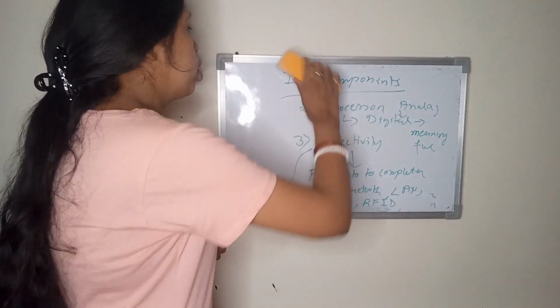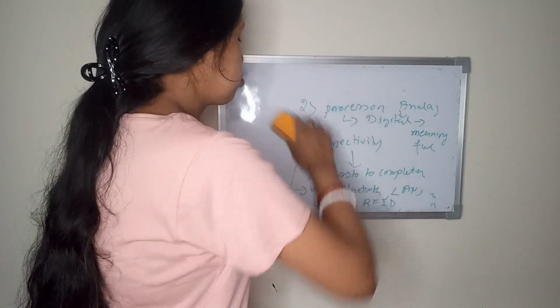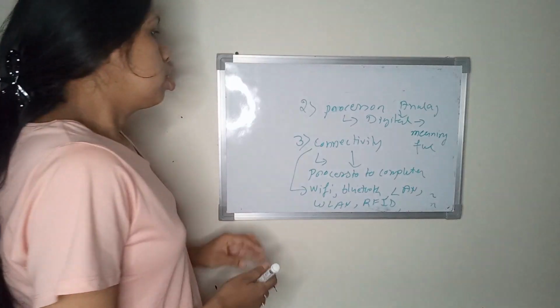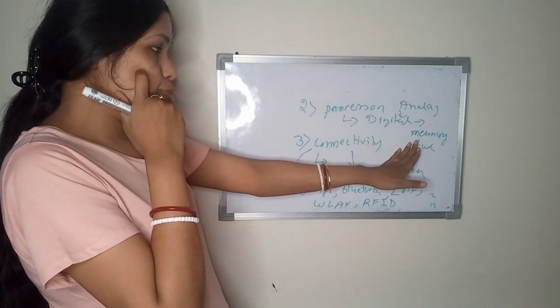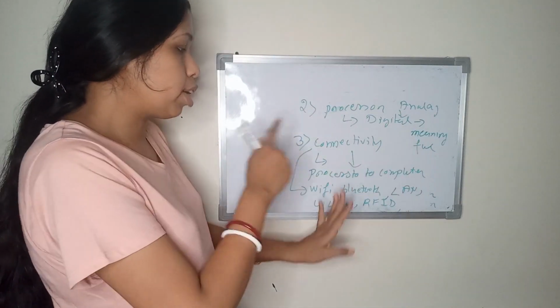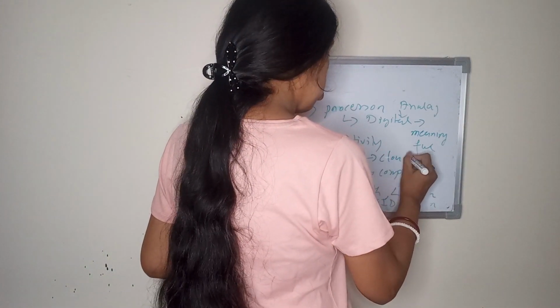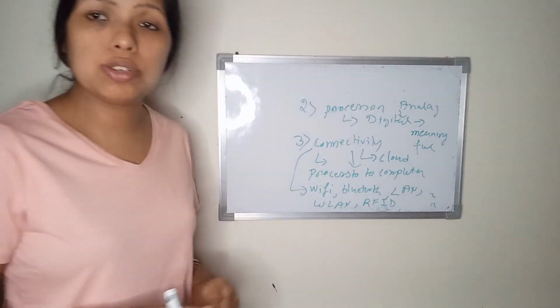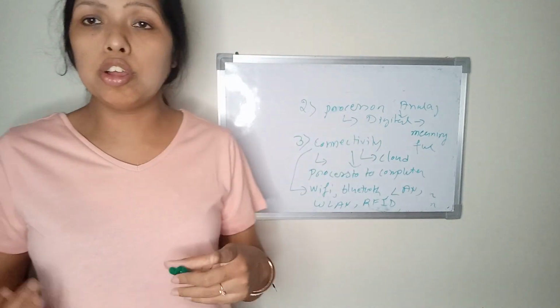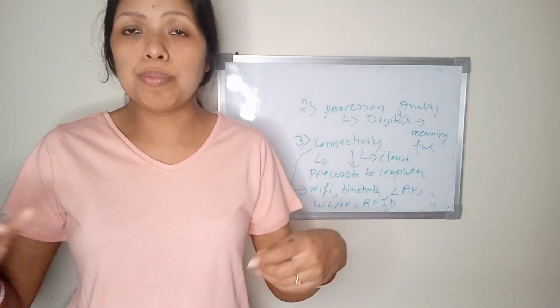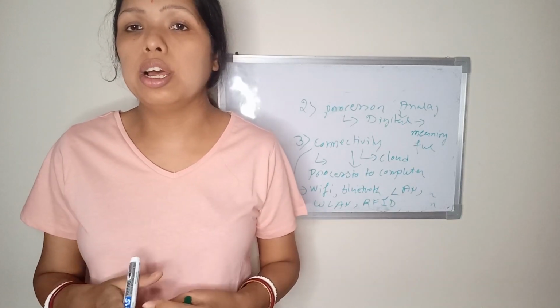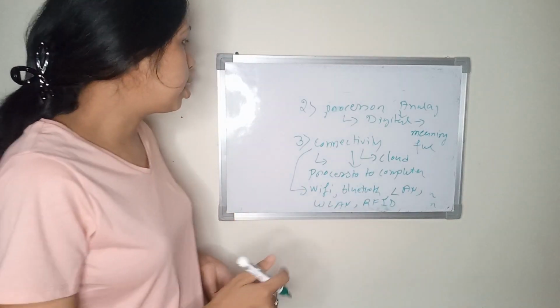The fourth component is, this meaningful or modified information you will get from the processor, that will be transferred through the connectivity to the cloud for future purposes. In the cloud, some people using the same cloud can check or analyze those data.